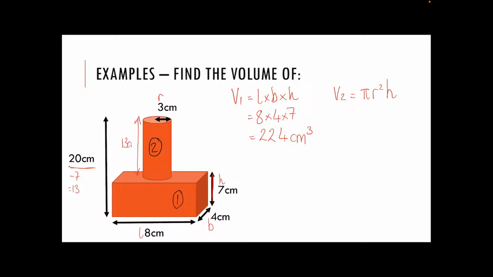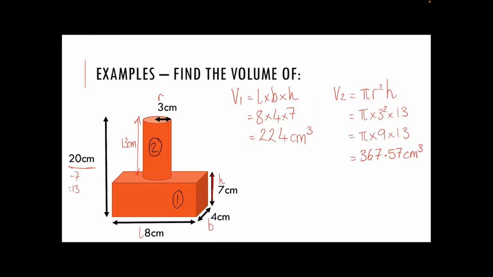So 13 centimetres is the height of my cylinder. I am going to plug that into my formula, so pi times 3 squared times 13. 3 squared is 9, and if I pop that into my calculator, I should get 367.57 centimetres cubed.